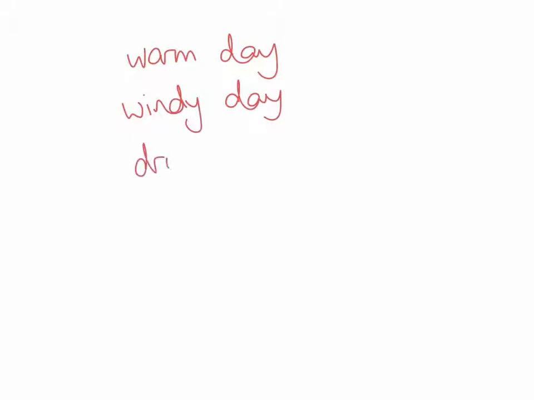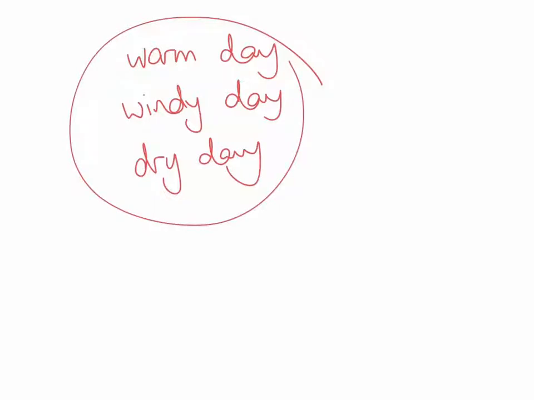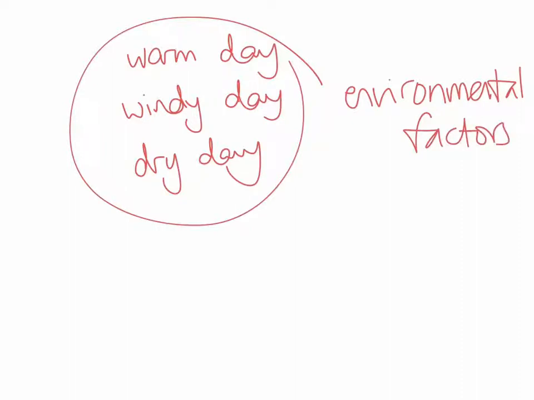And another thing, you definitely want a dry day. So if you're going to put your washing out, those are the ideal conditions. So those are the ideal environmental factors. And it's pretty similar in transpiration. Transpiration will happen fastest whenever temperature is high, whenever the wind speed is high, and whenever it's a dry day.